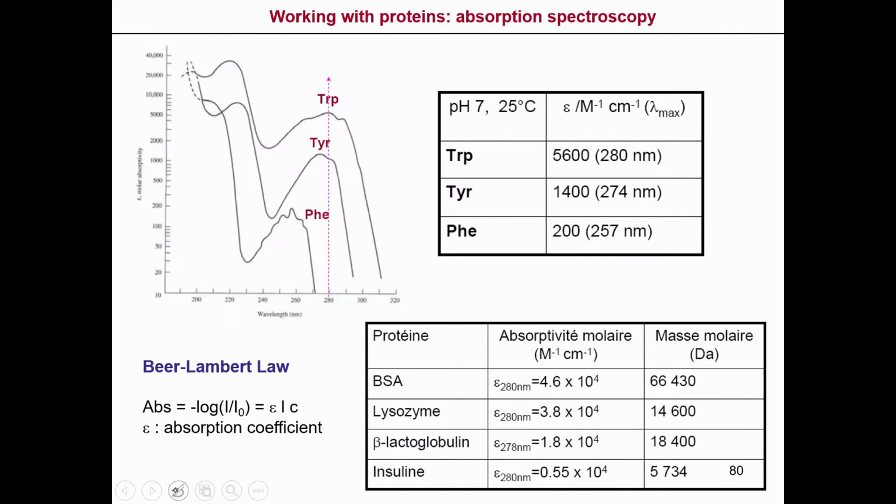The absorbance is minus log of the transmitted intensity of light over the intensity of the incident light, and it is proportional to the concentration. The absorbance is without unit. The unit of C will be gram per mole.